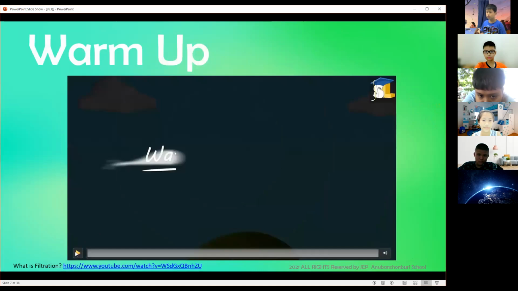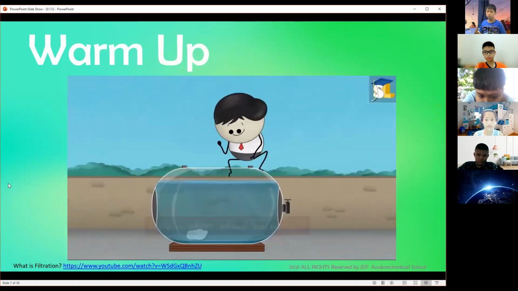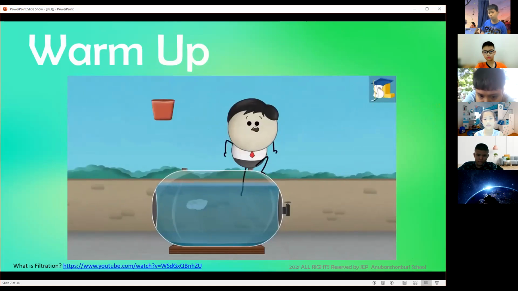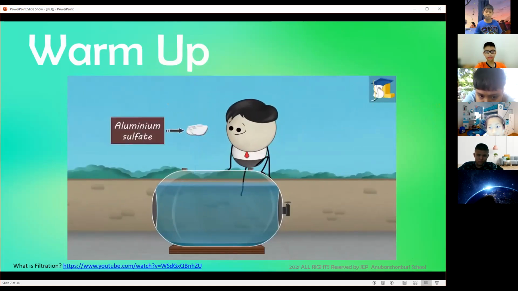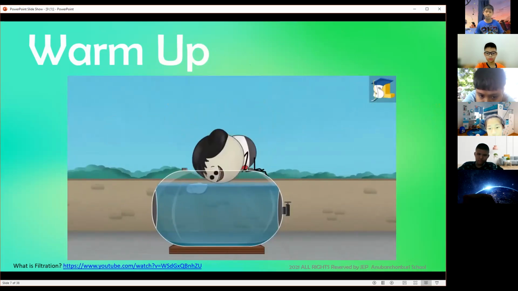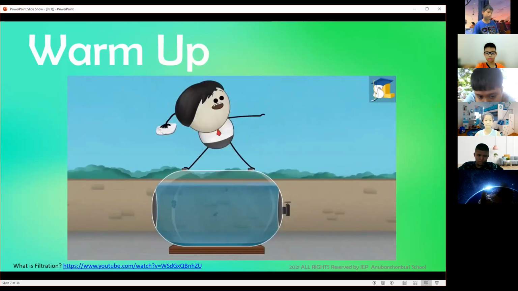Why is alum added to water? Aha! Because water does not like to be alone. It wants somebody's company. Alum is added to purify water. Alum is aluminium sulfate. It acts as a coagulant. A coagulant attracts and binds with extremely fine and small particles to form a large particle. Ew, I won't use it. But why?